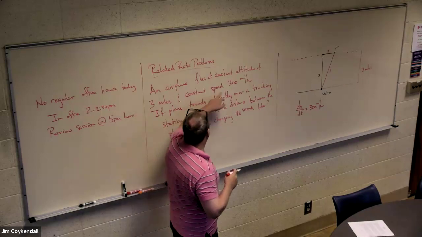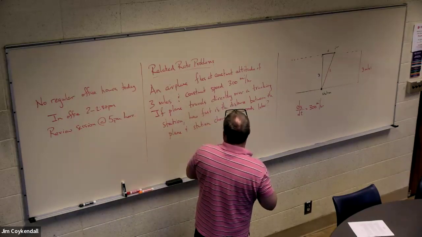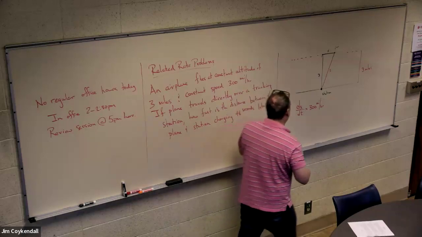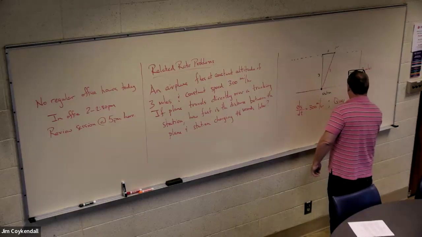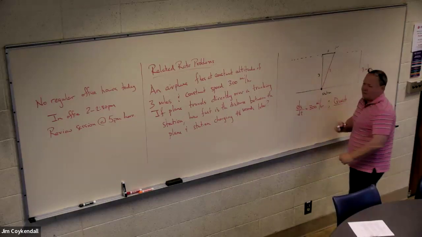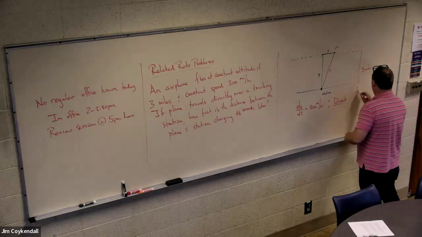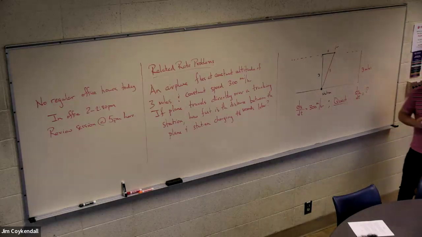Okay, so I've got that piece of information. The plane travels directly over a tracking station, got that recorded. How fast is the distance between the plane and the station changing? What are we trying to find? That is what we seek.